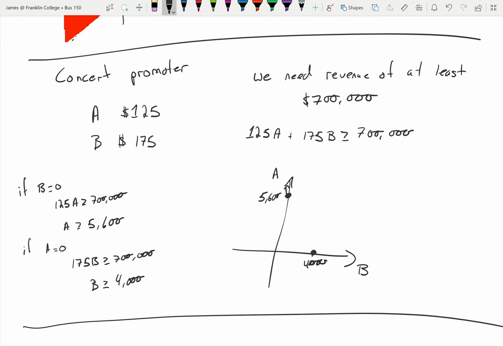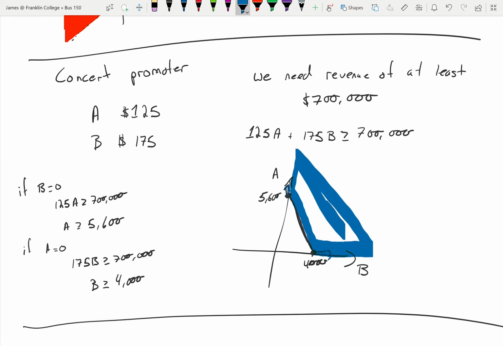So we do a solid circle, and we're going to shade to the right of that, because B has to be greater than or equal to 4,000. And we can draw a straight line in between these 2 points, and we're going to shade the upper region that we have indicated with this upwards arrow and that arrow to the right. So that means we're going to shade in this region.